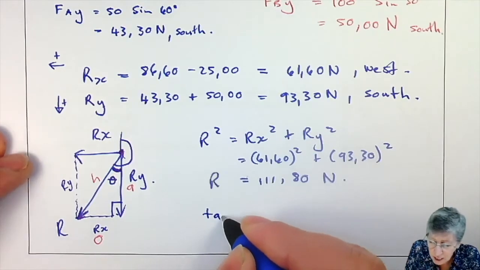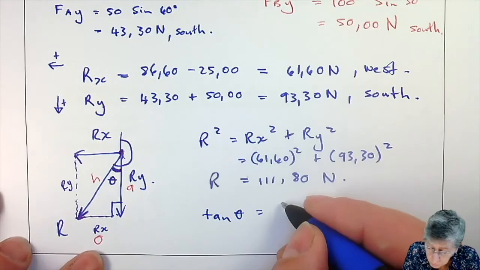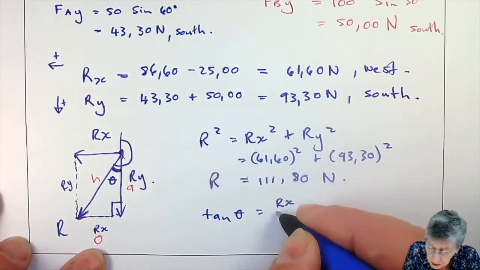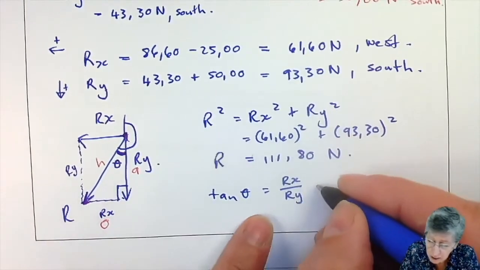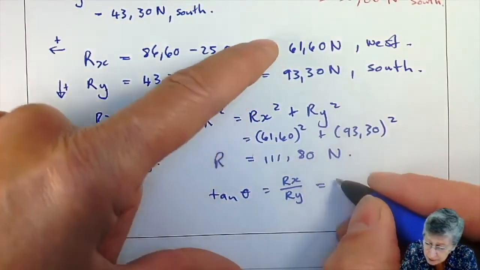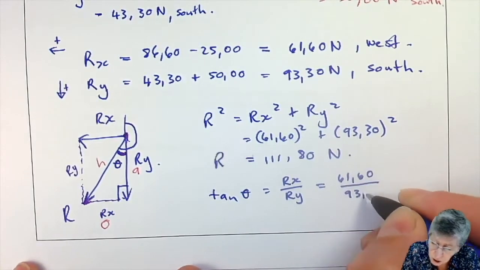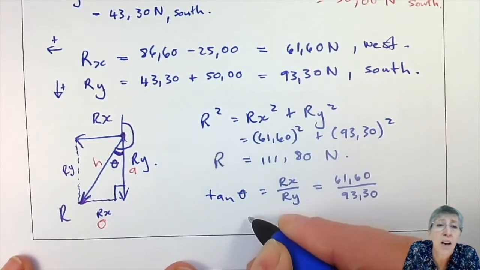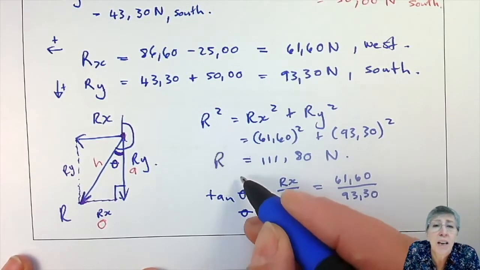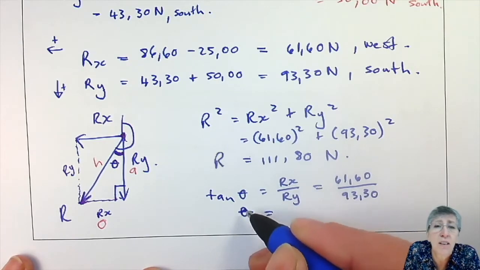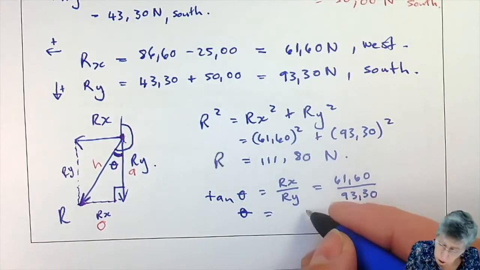So now tan theta will be opposite, which is Rx, divided by Ry. So I end up with tan theta being 61,60 divided by 93,30. And then you have to work out the angle. Right. Now remember to work inverse or second function, right? Tan of that answer.